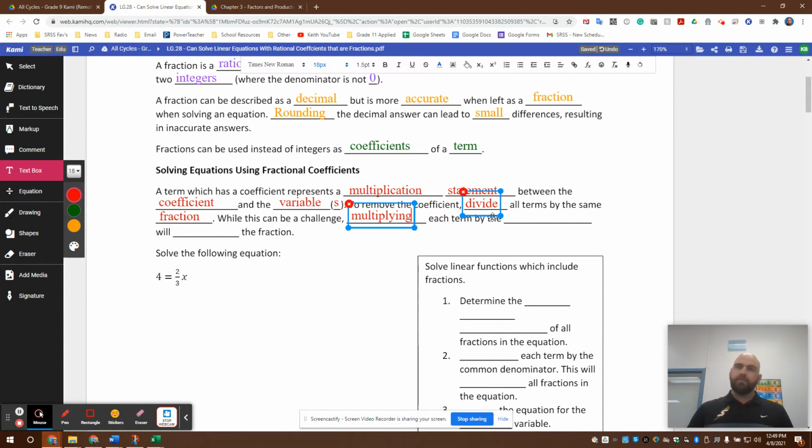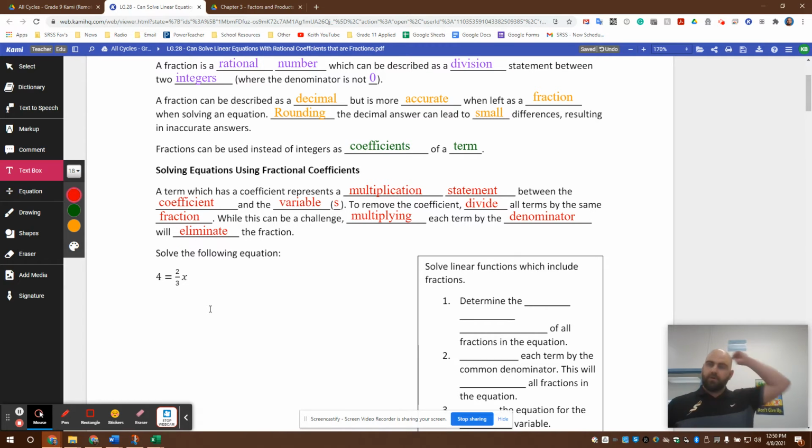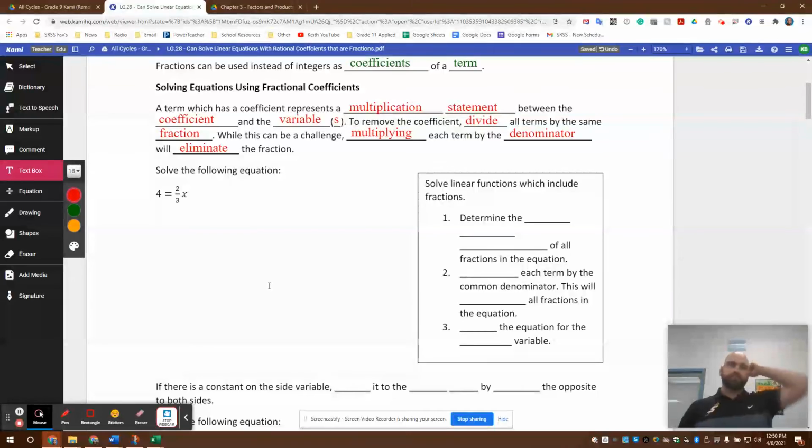Multiplying each term by the denominator will eliminate the fraction, and I'll show you how in this first example here.